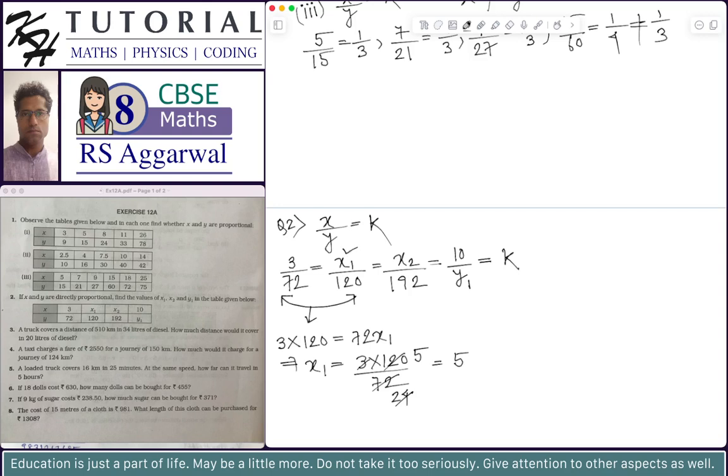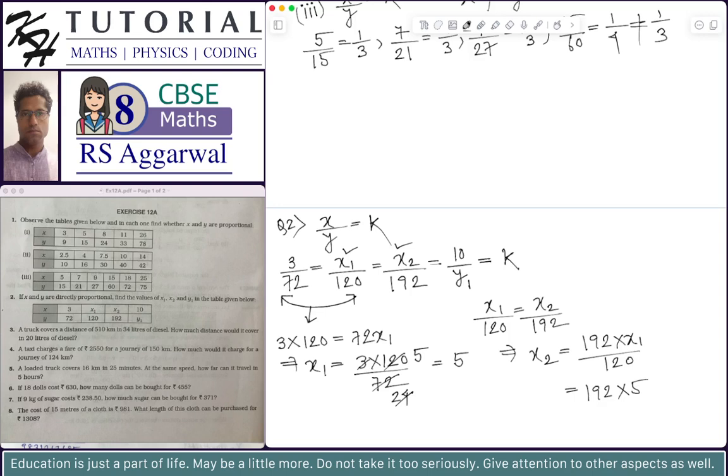Since I know x1 is 5, I know that x1 by 120 should be equal to x2 by 192. So by cross multiplication, x2 should be equal to 192 multiplied by x1 divided by 120. And x1 is already found to be 5.